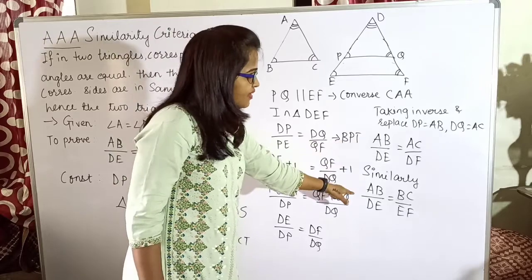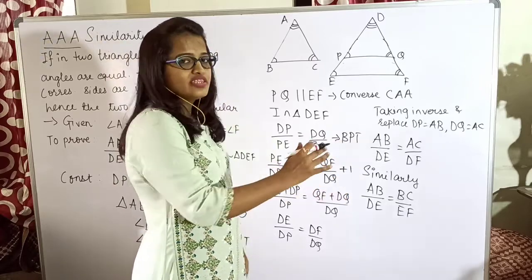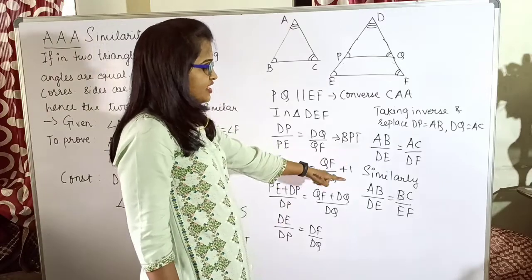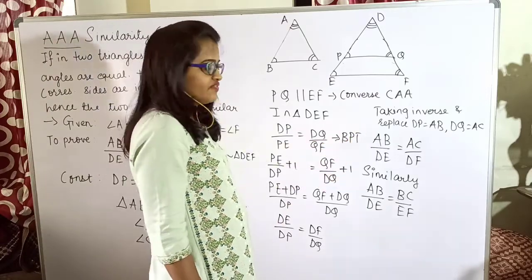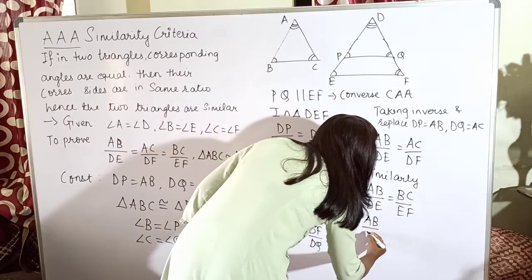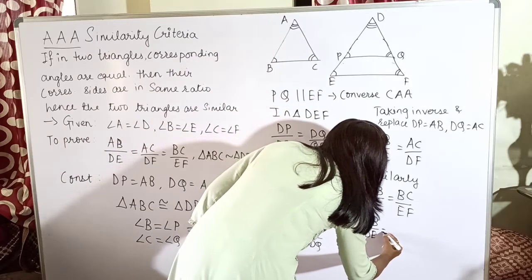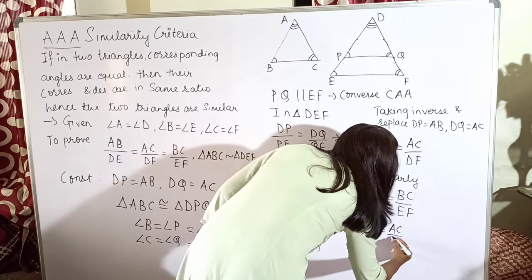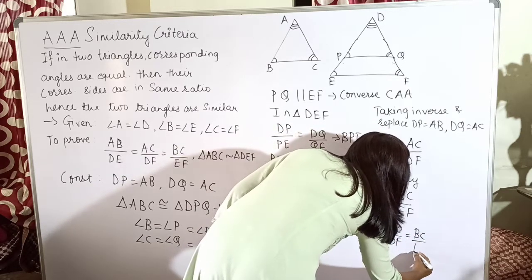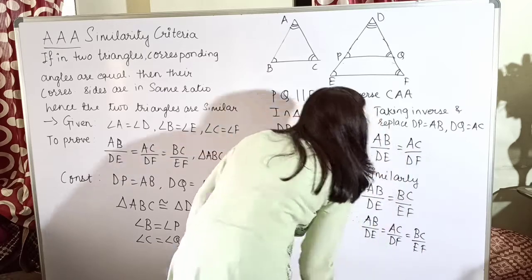Yes. So by these two equations, all three will be in the same ratio, which means AB upon DE equal to AC upon DF equal to BC upon EF. Therefore, AB upon DE is equal to AC upon DF equal to BC upon EF. Okay.